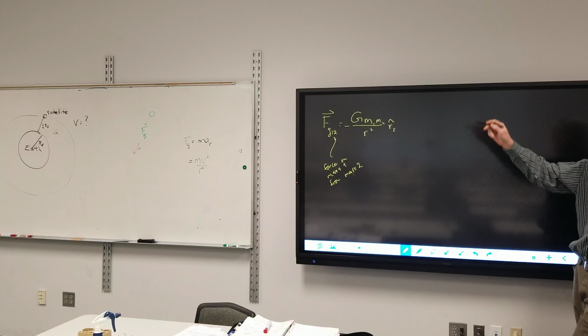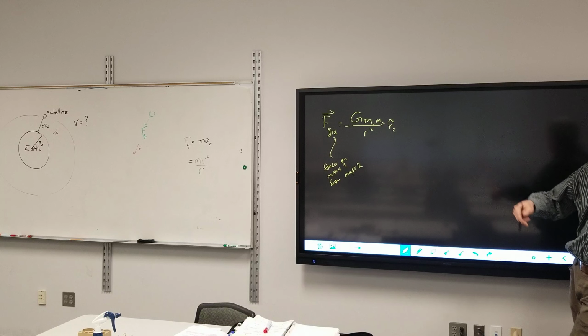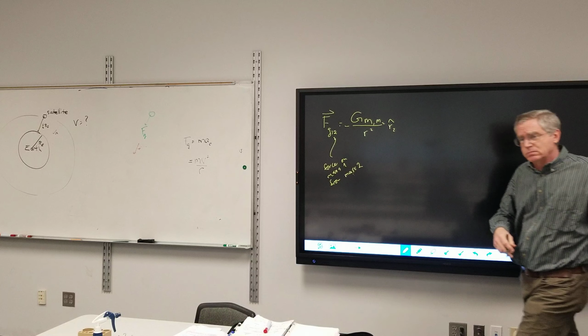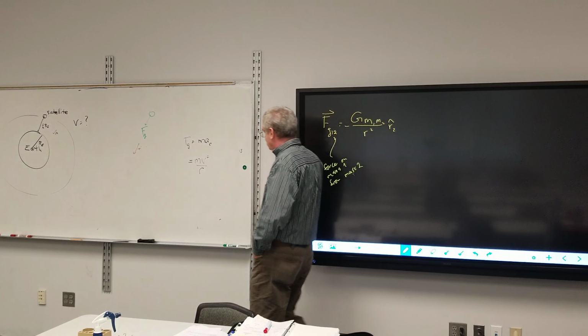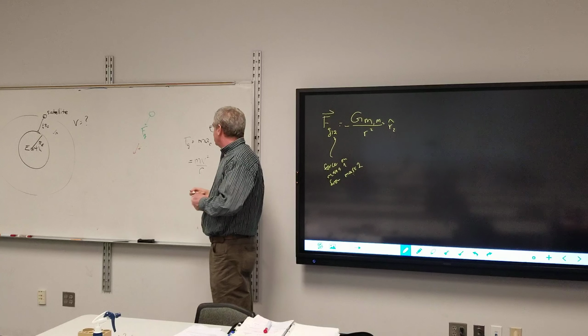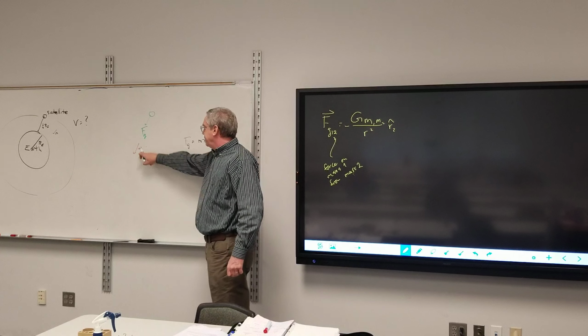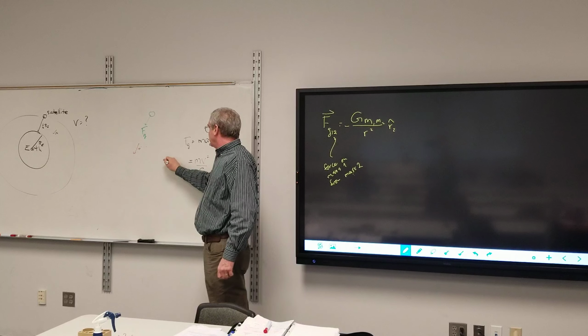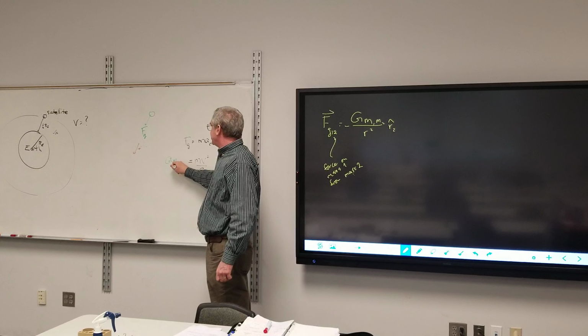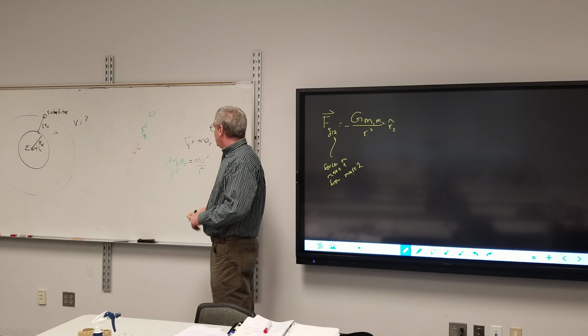We've already thought through, we know the direction is going to be towards the center of the Earth, because Luis said so. But I'm making that the positive direction, so it's big G, mass of satellite, mass of Earth over r squared.